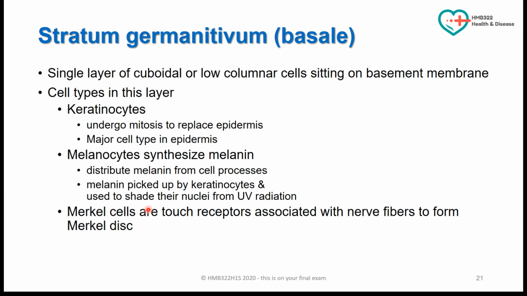And this is where the beginning of mutations that lead to squamous cell or basal cell carcinoma or even melanomas can begin. Also on this layer, we have these Merkel cells, which are part of the touch receptors, and these are right at the basement, right at the bottom of this stratum germinativum.